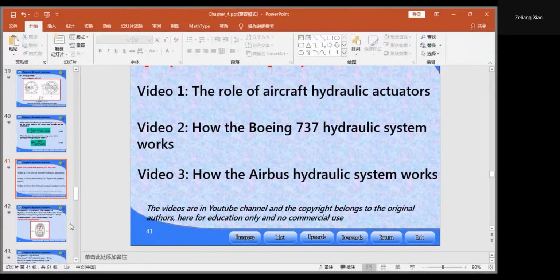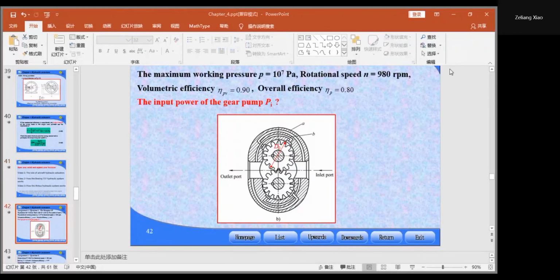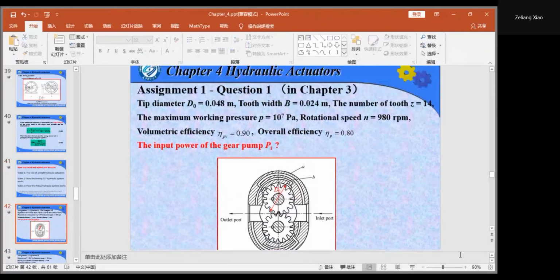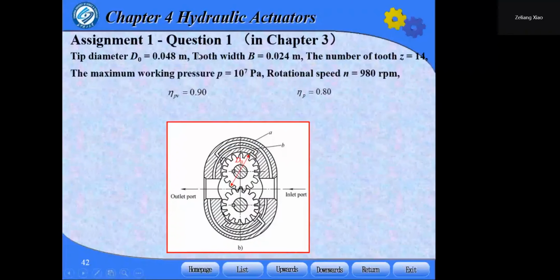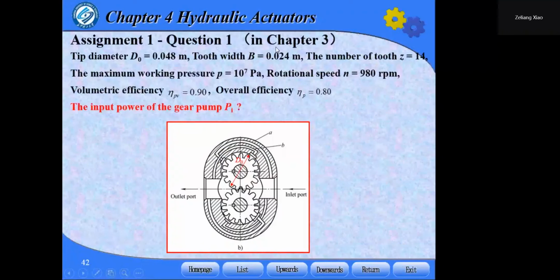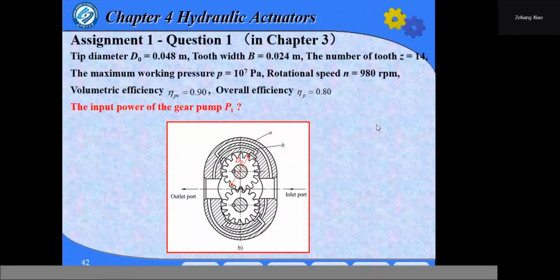The last one is our assignment. Assignment question 1 is in chapter 3, and we have done it in the last class.